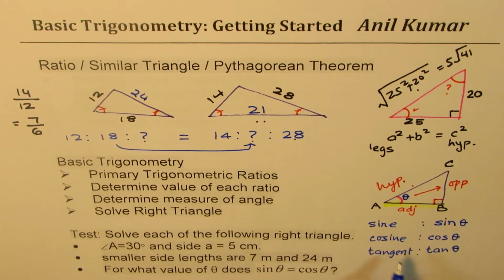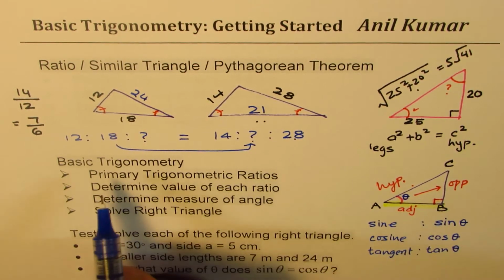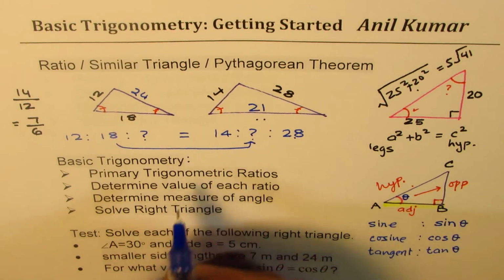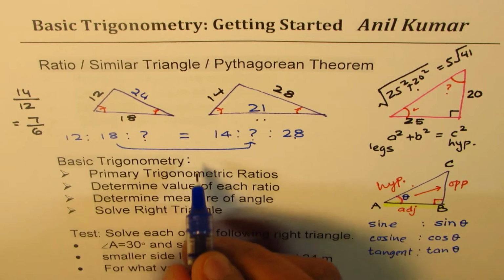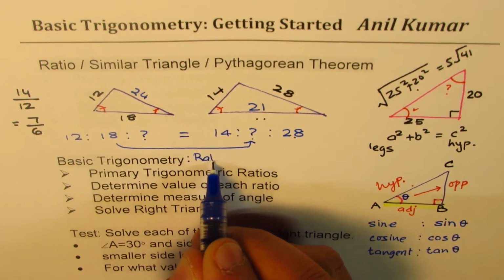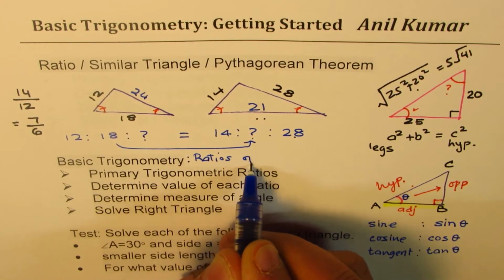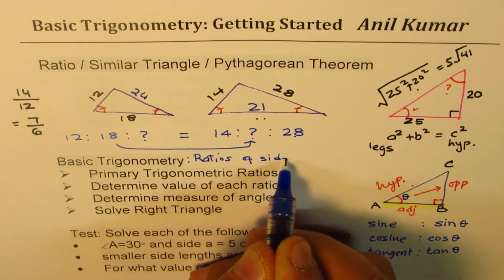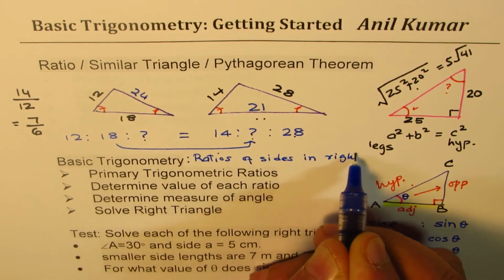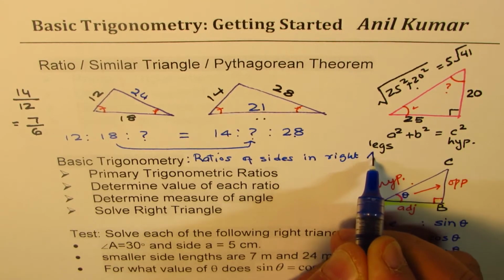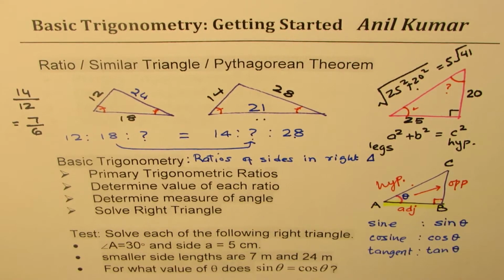Another thing which is important is, what is this ratio? They are basically ratios of sides in a right triangle. So what we understand here is that these three primary trigonometric ratios are ratios of sides in a right triangle, correct?